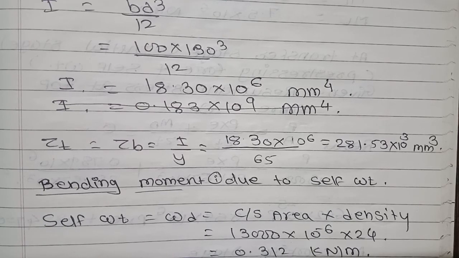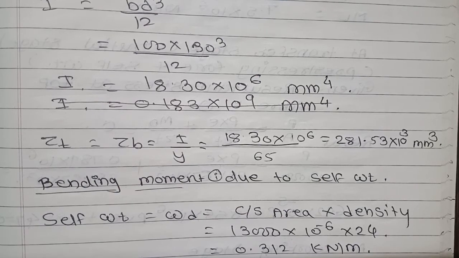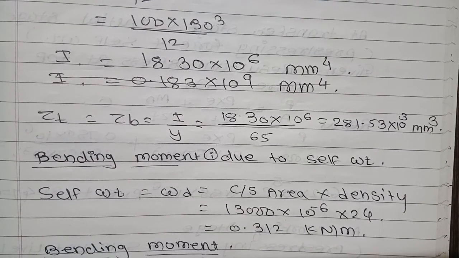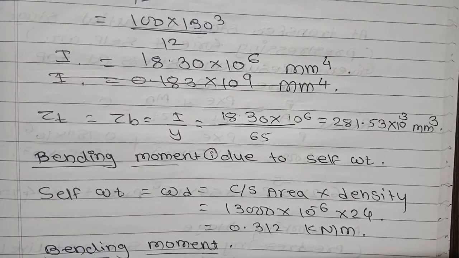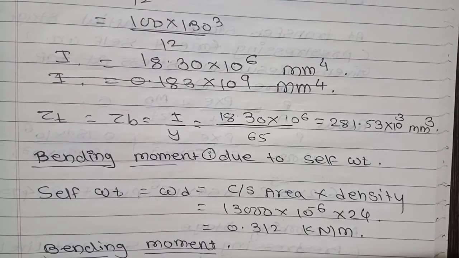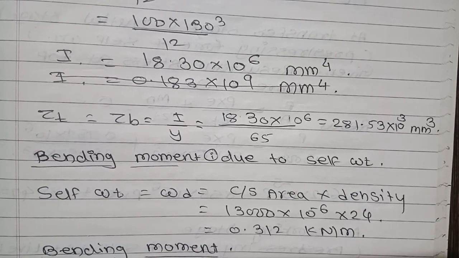That's why ZT equals ZB, meaning section modulus at the top fiber and at the bottom fiber equals I upon Y. Put in all the values. I is the moment of inertia of the beam and Y is the distance of the top fiber or bottom fiber. That's why 18.30 into 10 raised to the power of 6 divided by 65. If we calculate this, we get the answer 281.53 into 10 raised to the power of 3 mm cube.